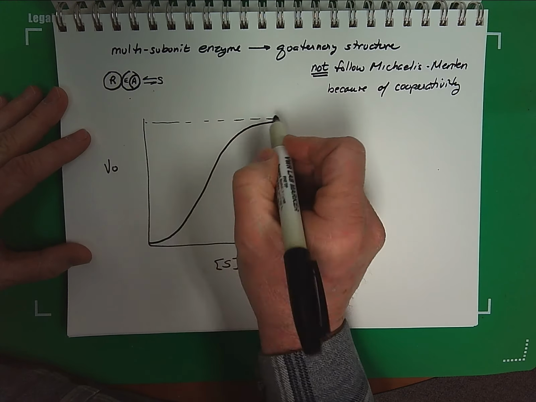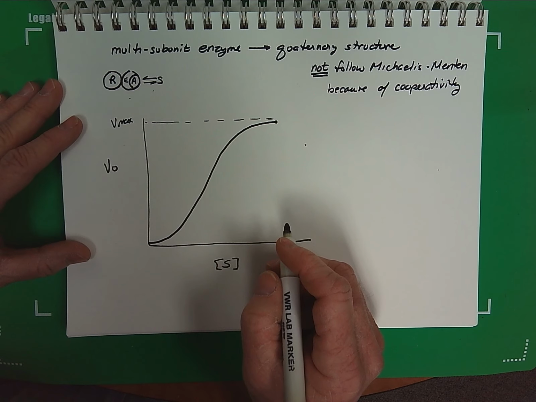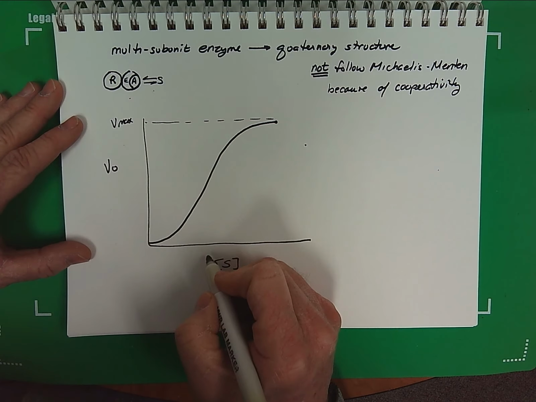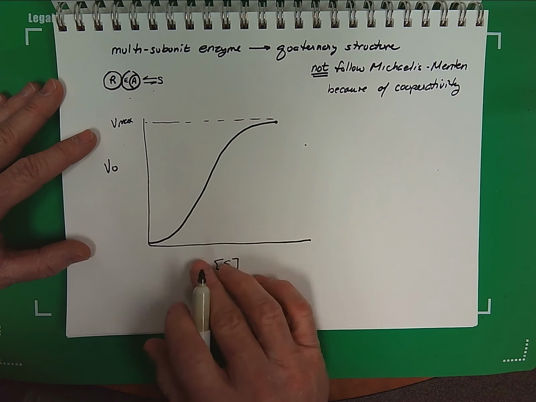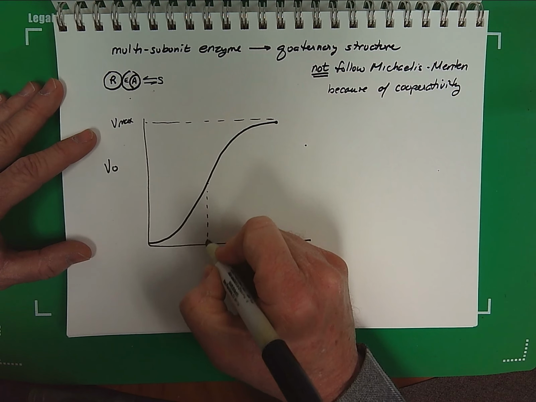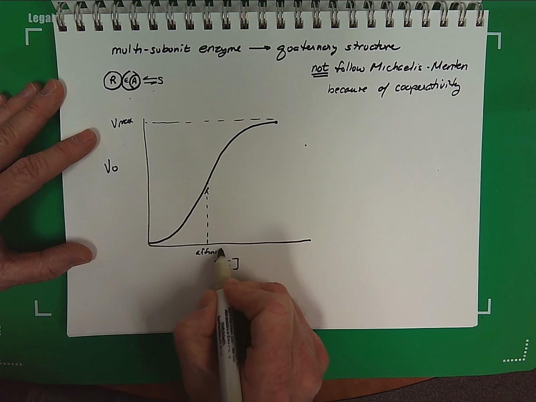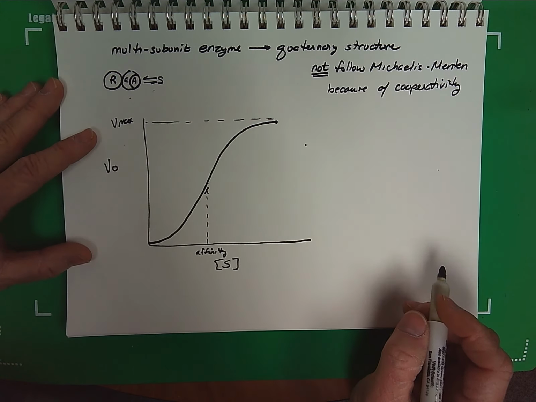This is still considered a Vmax, and we can still consider this Km. Not really, because it doesn't follow the true Michaelis-Menten kinetics. However, it is a measure of affinity of enzyme and substrate. It's just not properly classified as Km.